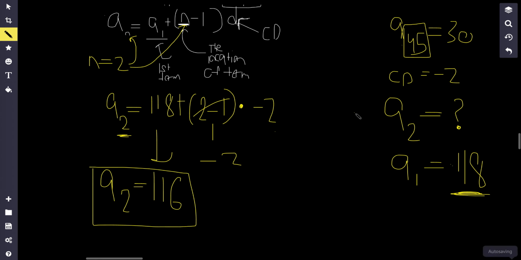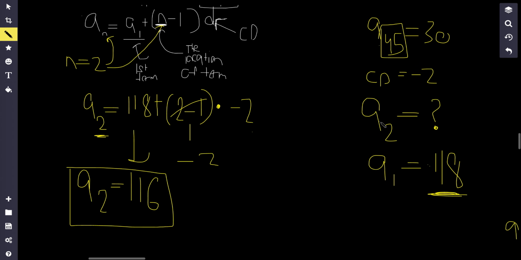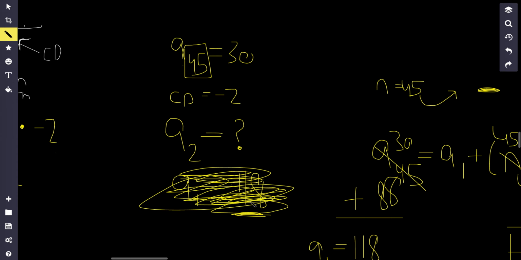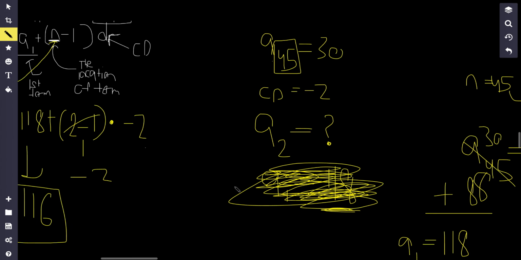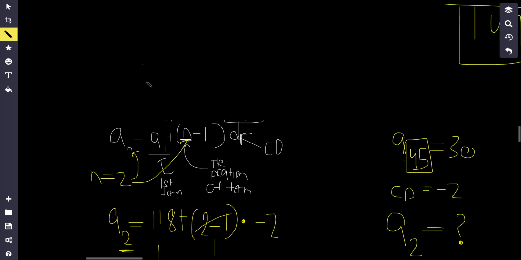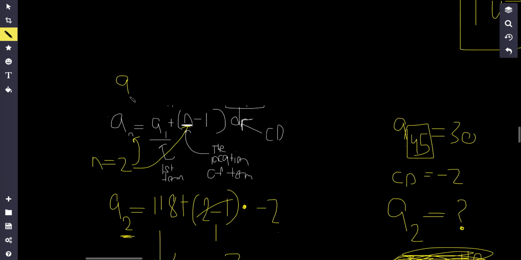So when you're doing problems like these, in order to find out a term that's not 1, given a term that's not 1, you have to find the first term first. Because look what happens. Imagine if I didn't know that a sub 1 was equal to 118, and I decided to plug in 2 into my formula. Then what I would get is a sub 2 is equal to a sub 1 plus 2 minus 1 times the common difference, which is -2.